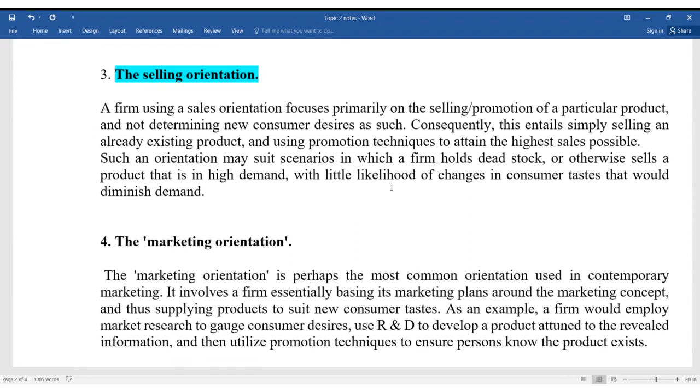Another problem is that it could be expensive to support promotional programs, like advertising. Giving sales incentives could be expensive. Then sometimes the effort may fail to yield results.